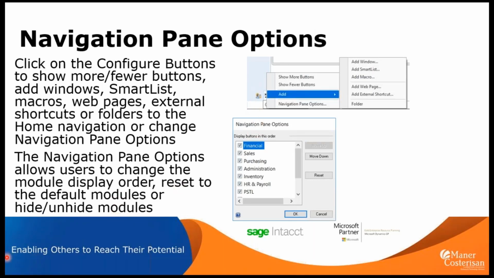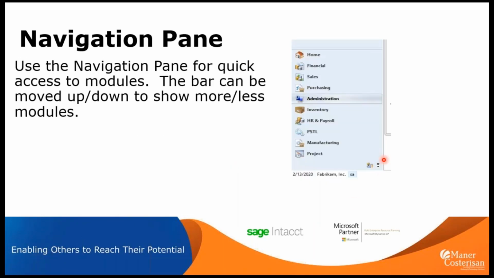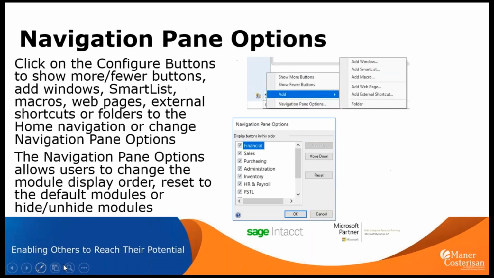If you click at the very bottom of the navigation pane down here, where you see the little guy, there's these two little arrows. If you click on these two little arrows right here, you're able to configure it for yourself.